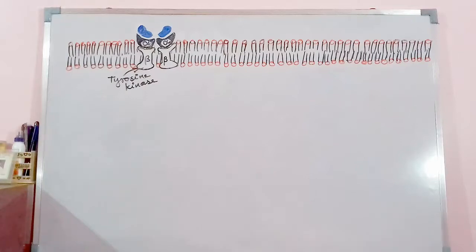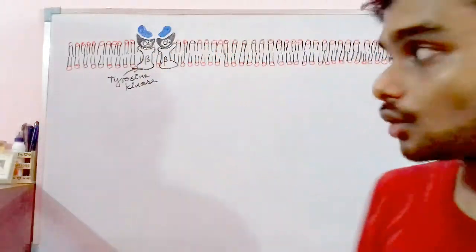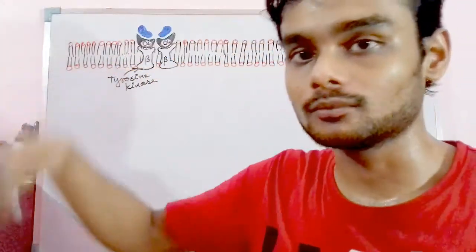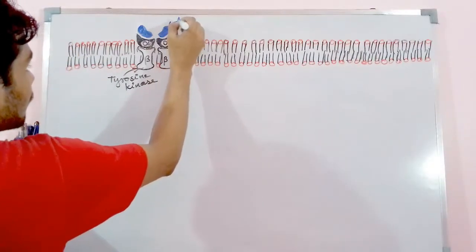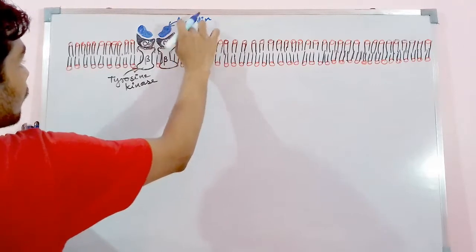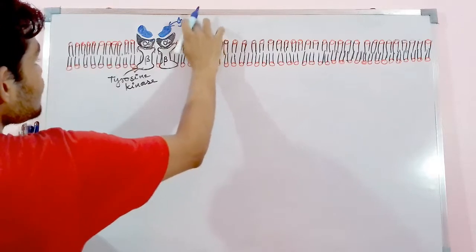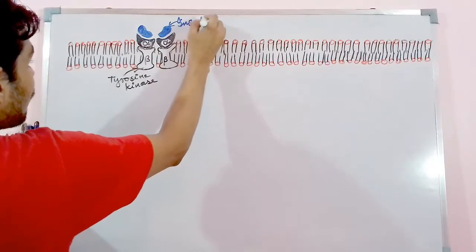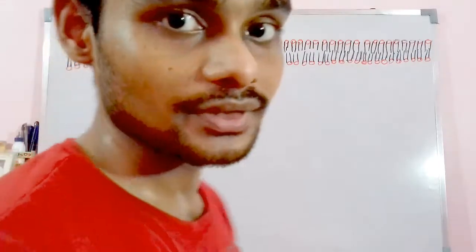The tyrosine kinase is actually an enzyme and a substrate of its own. So when the insulin hormone binds with the tyrosine kinase receptors, the enzyme dimerizes itself.